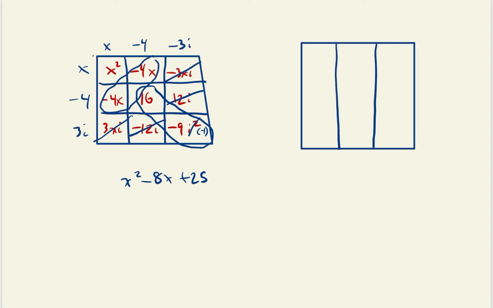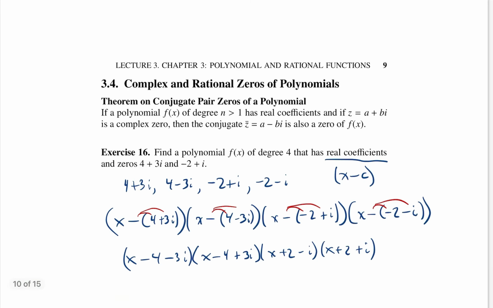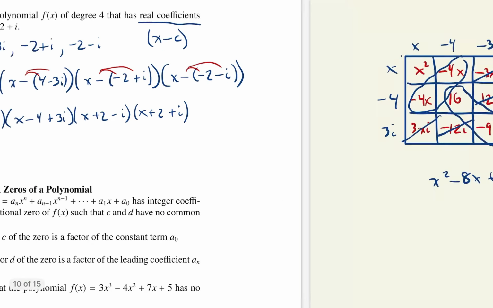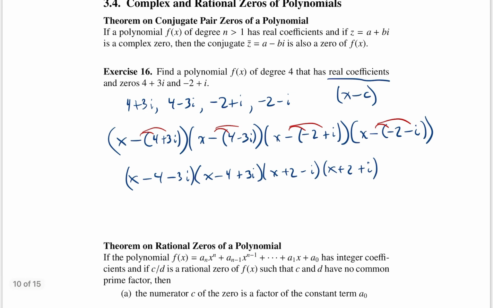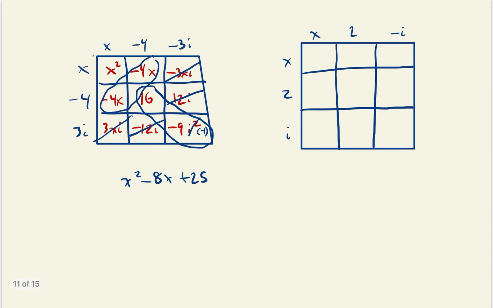Then we're going to do the same thing to the other two factors. So we create a 3 by 3 box once again. And we do a similar thing with x plus 2 minus i, x plus 2 minus i, and x plus 2 plus i. Great.